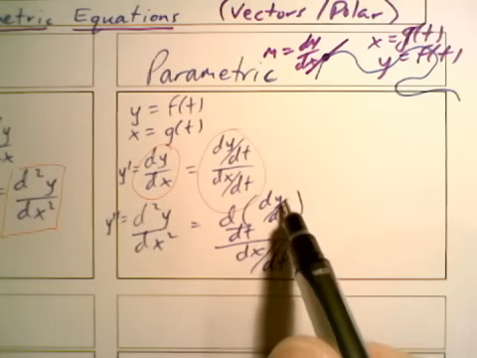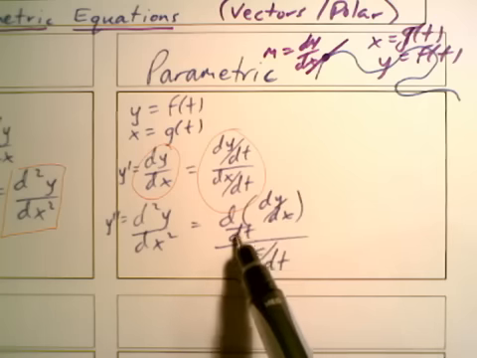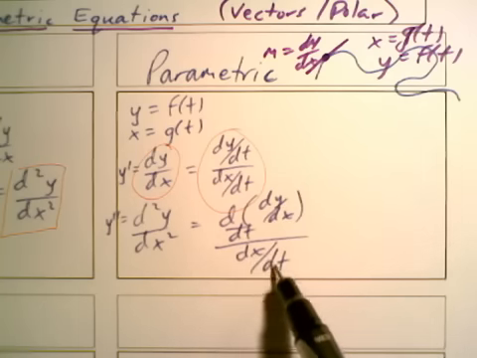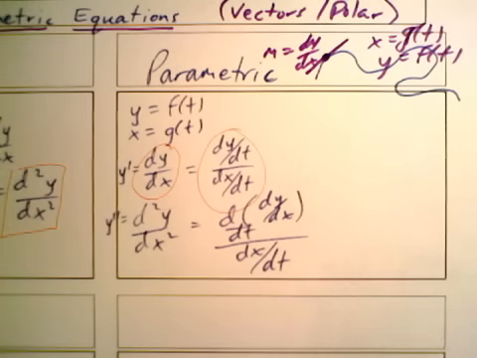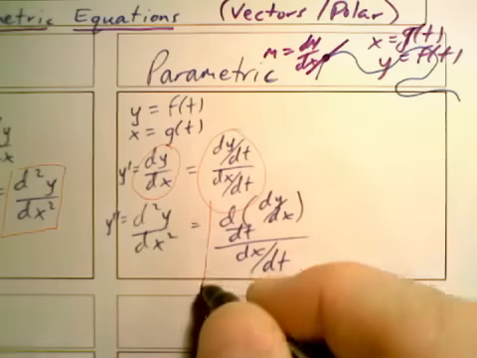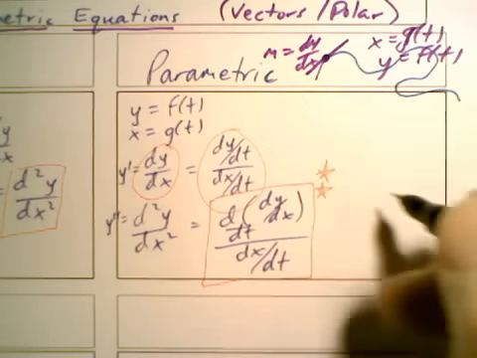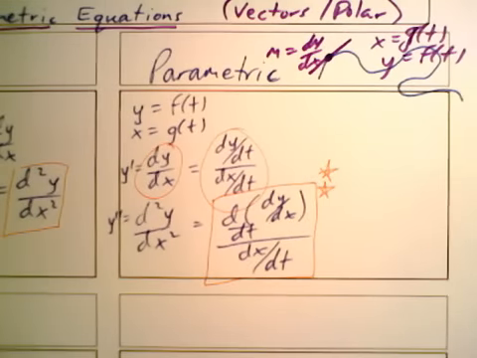So we take the derivative of the first derivative with respect to t, divide that by the derivative of x with respect to t. And this right here, guys, this is your bread and butter, and you need to make sure you remember this. This is very important to remember. I'll put 2 stars in the upper right corner, so that makes it really important.